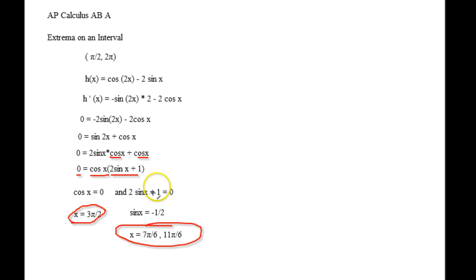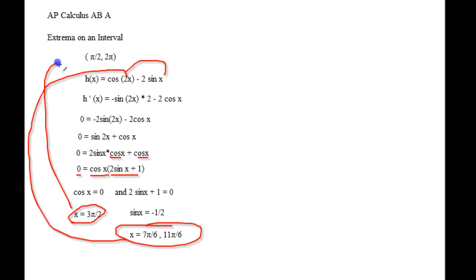So what we're going to do is take each one of these values and plug it into the original equation. We're going to plug them in for this x and this x, and same thing here as well, and get our values. So when we do h of 7 pi 6, we should get 1.5.